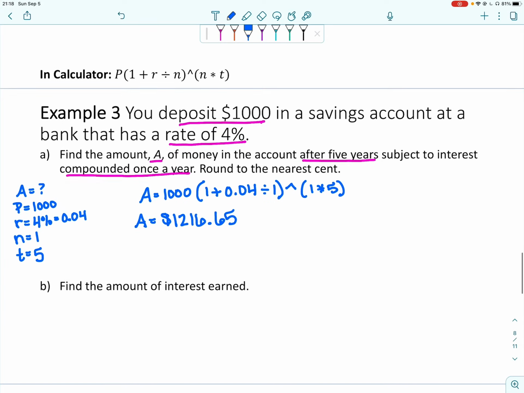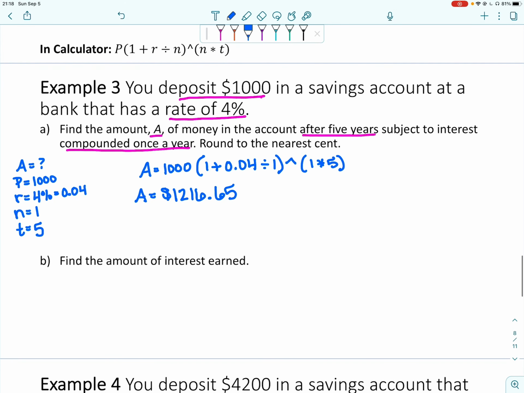Find the amount of interest earned. I know how much I started with. I know how much I ended with. So at this point, to find the interest, I'm going to take the future value minus the principal. So my future value was 1216.65.